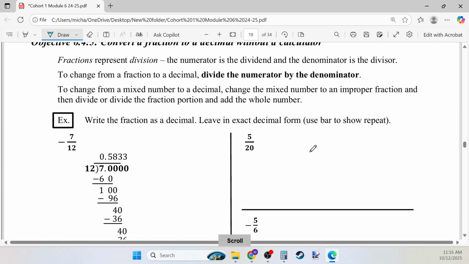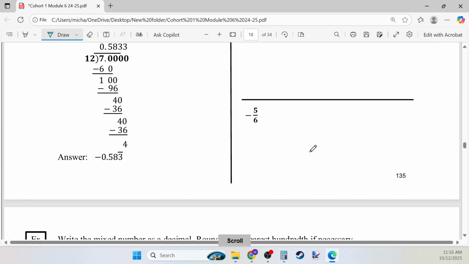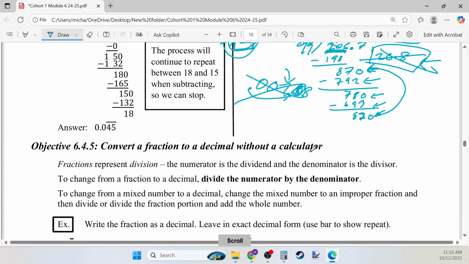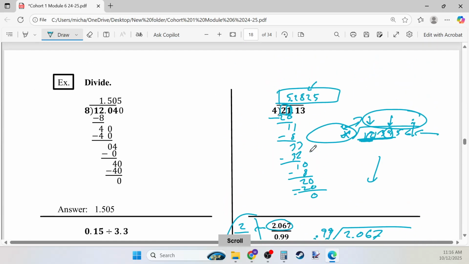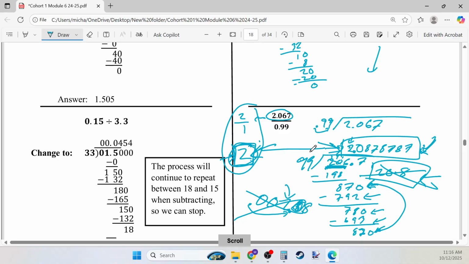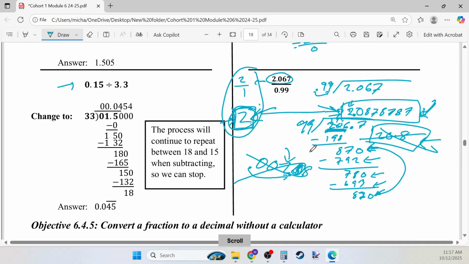Let's do another one. Those are converting fractions to decimals. Let's do this one. So this one they've already worked, so we're not going to necessarily do the long division part.